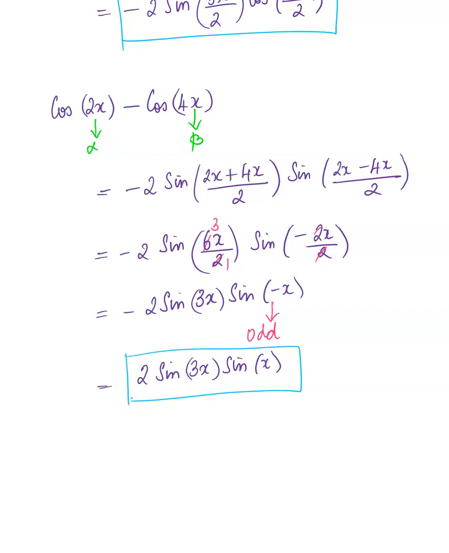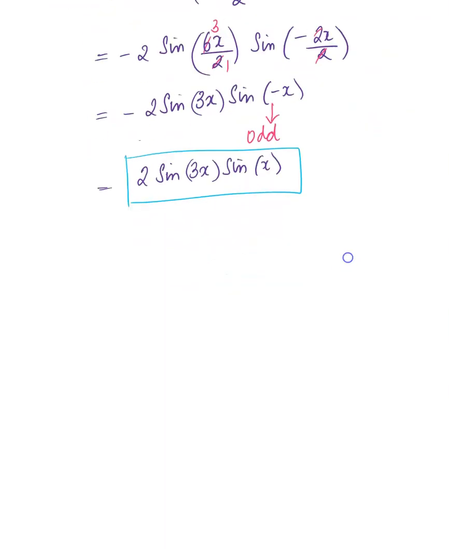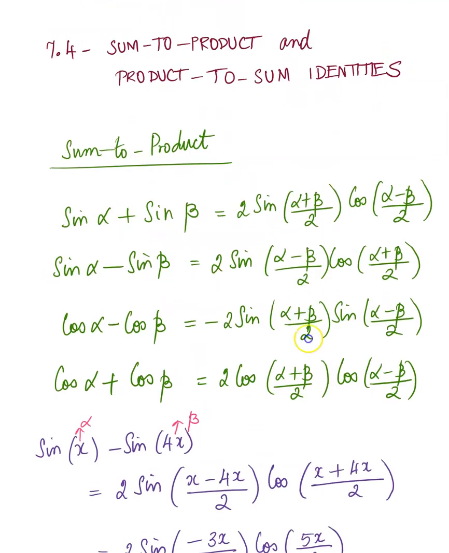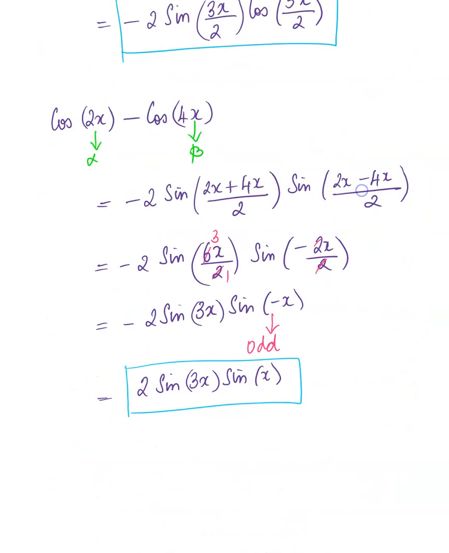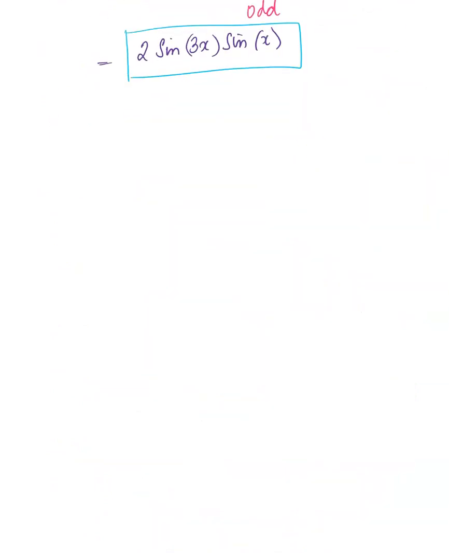Now if it is the other way around, you are given the product and you want to write it as a sum, then, so this was sum to product, right? So we'll now write for product to sum. Cosine alpha, cosine beta.